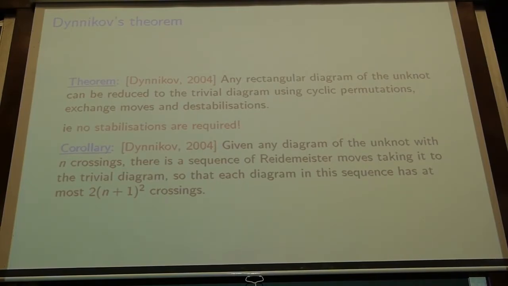You fiddle with it a bit to make it rectangular, so that you can do that without increasing the arc index too much. Then you apply this theorem and you never need to move out of the world of arc presentations, you never need to increase the arc index. And if I have arc index at most m, say, then the number of crossings is at most m squared. So I never need to go out more than quadratically many crossings.